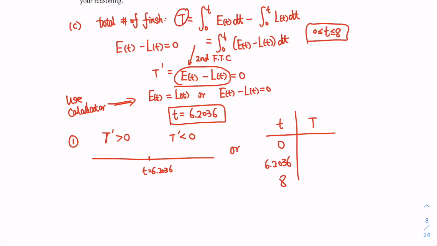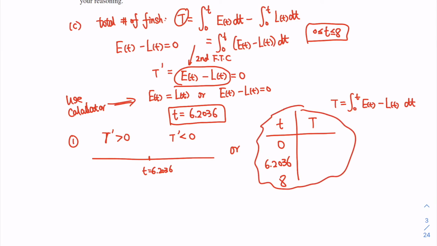So when t equals 0 and t equals 8, we should plug in, keep in mind, the total is the integral from 0 to t of e to the t minus r of t dt. The only problem is if you plug 0 and 8 in, it's a lot of work here. So this method is much more difficult than the first way. So I'm going to use this one.